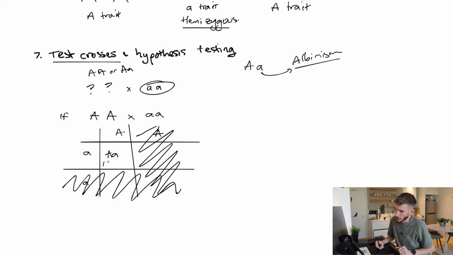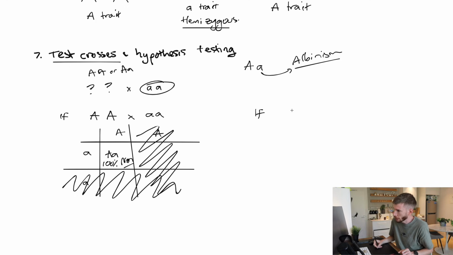So what that would mean is that it would be 100% non-albinism, because even though they're a carrier themselves, the offspring still need to have both lowercase in order to actually express albinism. And so therefore, if we crossed those 2 individuals 100 times, and then we had 100 offspring, then all those offspring should be non-albinism if the unknown parent is homozygous dominant.